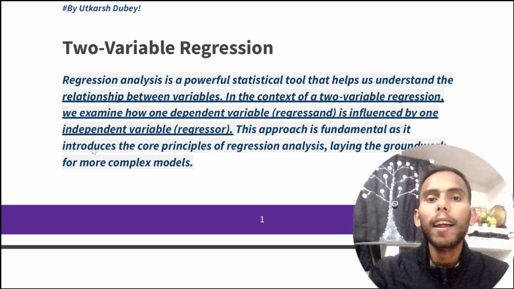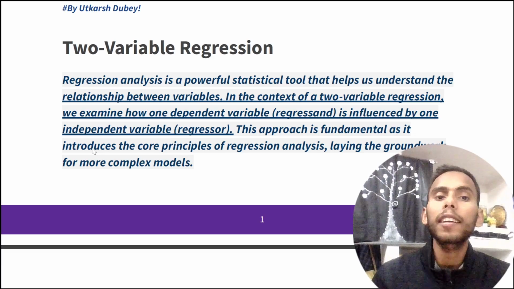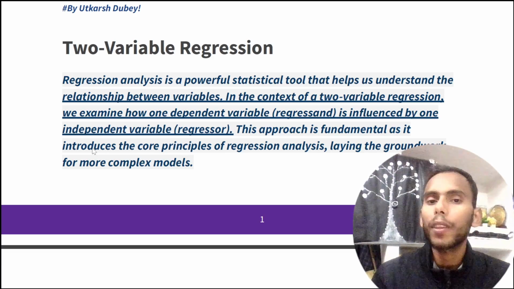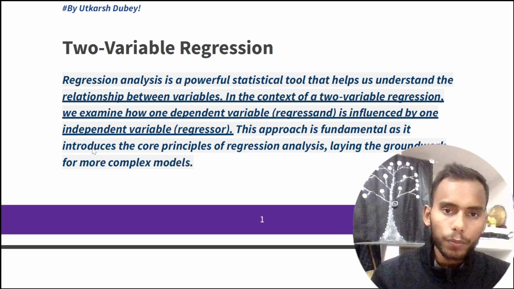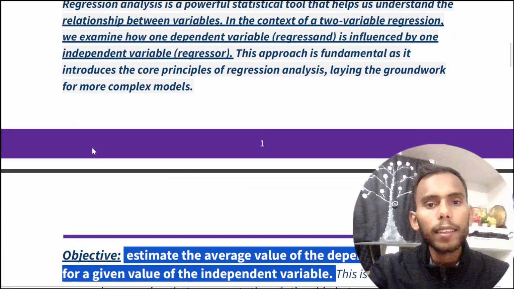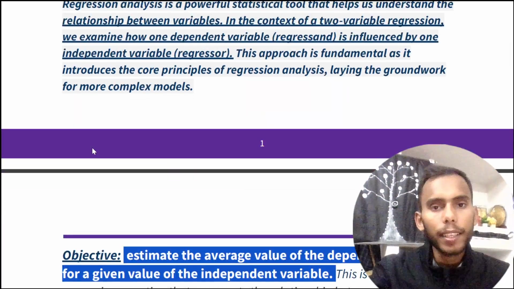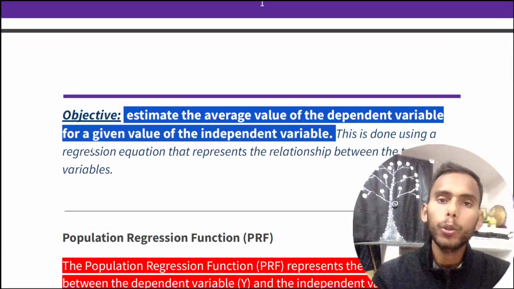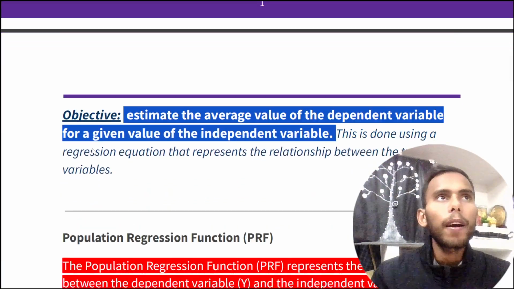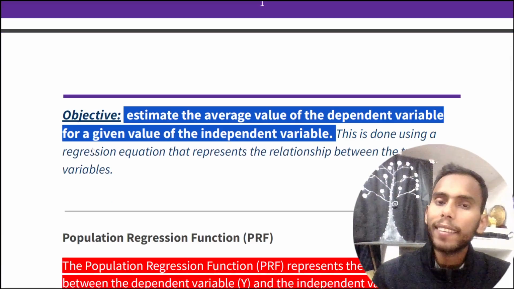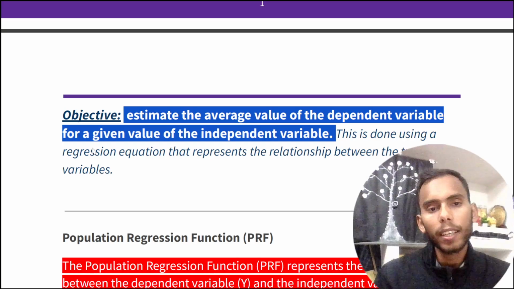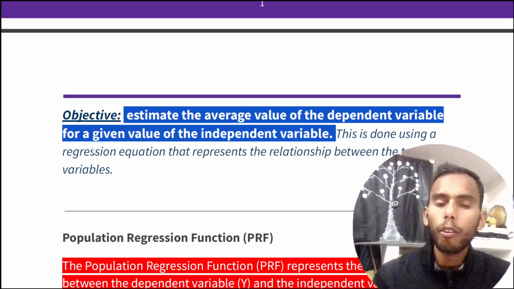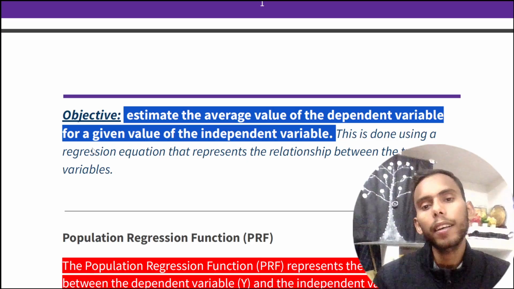Regression analysis is a powerful statistical tool that helps us understand the relationship between two variables, as we know, right? The thing I want to mention here is the prime objective of two variable regression analysis: to estimate the average value of the dependent variable for a given value of an independent variable.